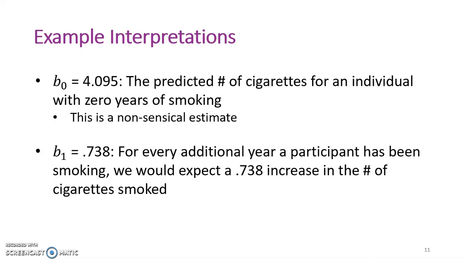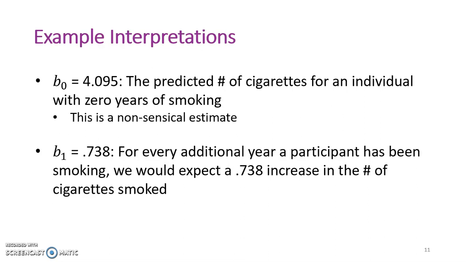Now, using our smoking example, we can use these interpretations to interpret those values that we calculated. Let's start with the intercept. The intercept was 4.095. This is telling us the predicted Y when X is equal to 0. So for our example, it's telling us the predicted number of cigarettes smoked per day for an individual with 0 years of smoking, because X is years of smoking.